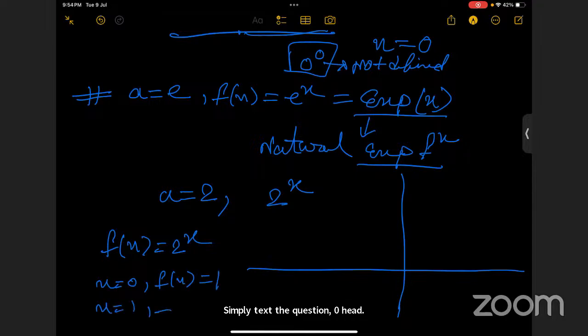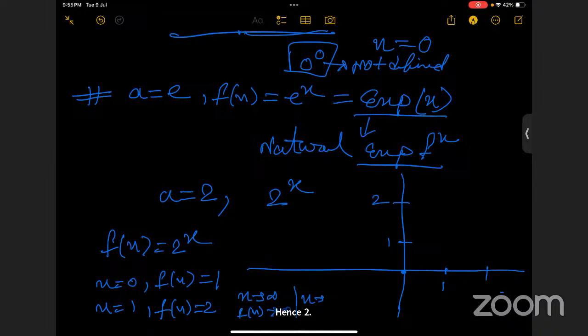Put x equals to 1, then f of x will be 2, right? Suppose this is our 1, 2. When x tends to infinity, f of x tends to infinity. When x tends to minus infinity, f of x tends to 0, right?